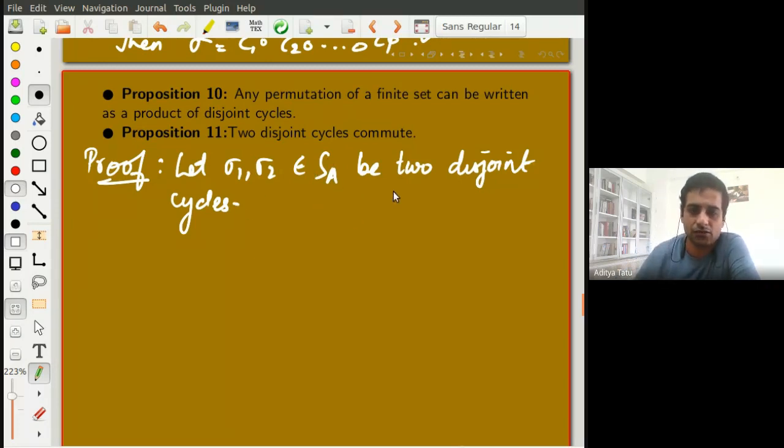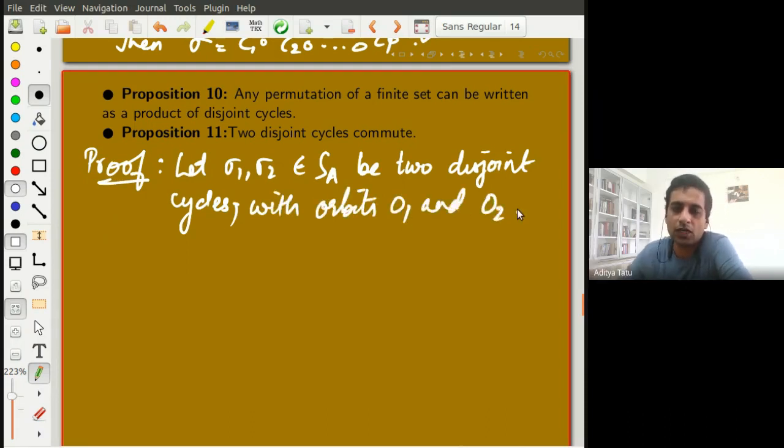Let us also denote the orbits of the two disjoint cycles with O1 and O2. What can we say about any element in A?